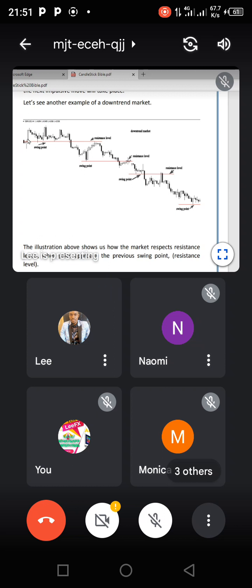Which opportunity are you targeting in crash? Of course, buy opportunity, right?